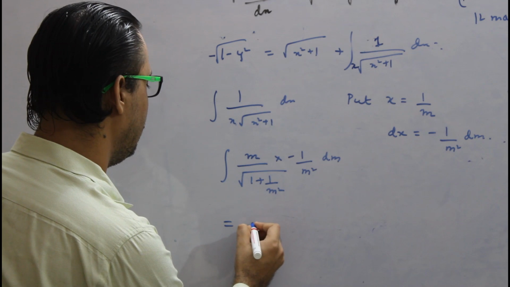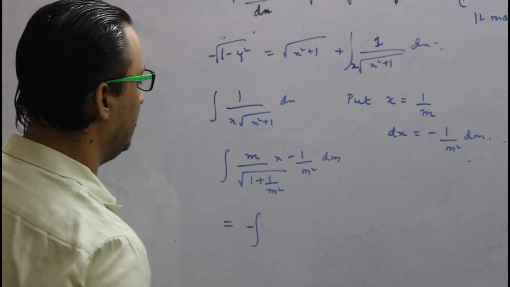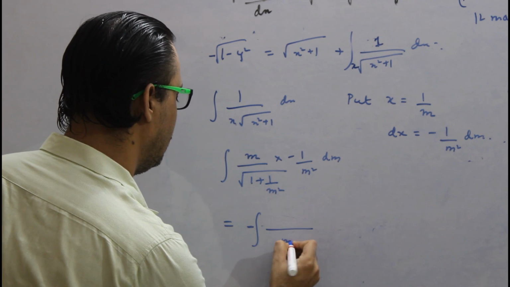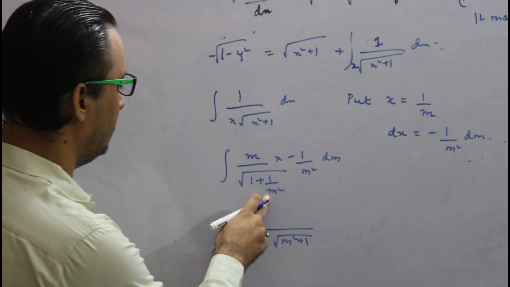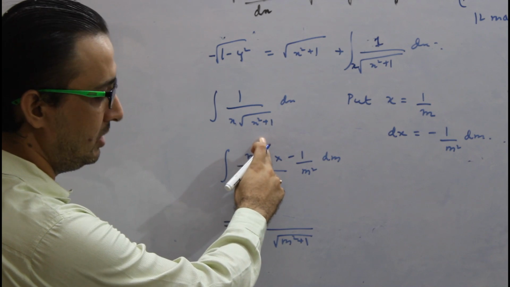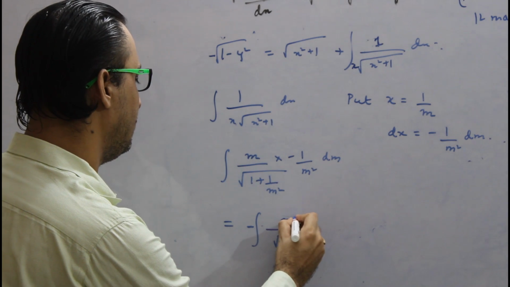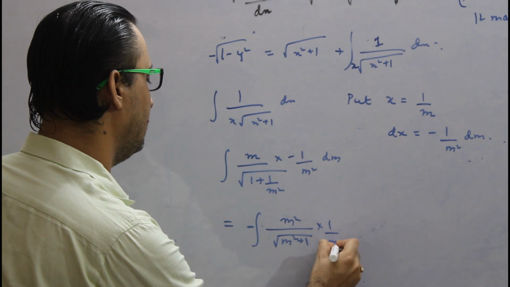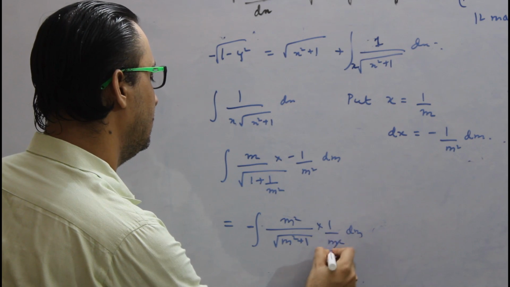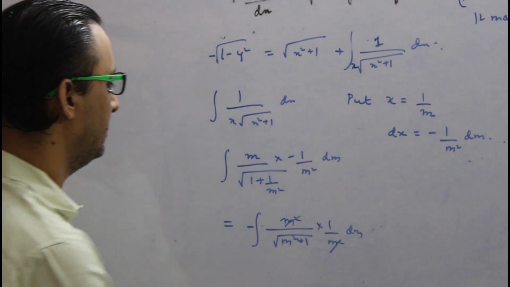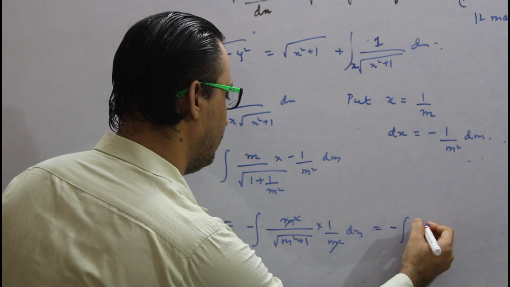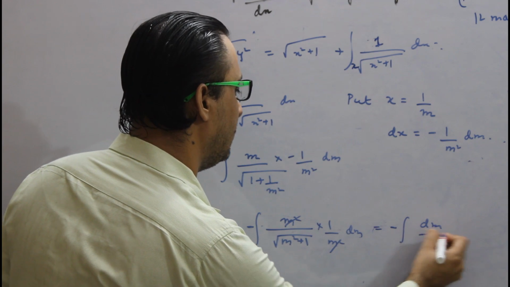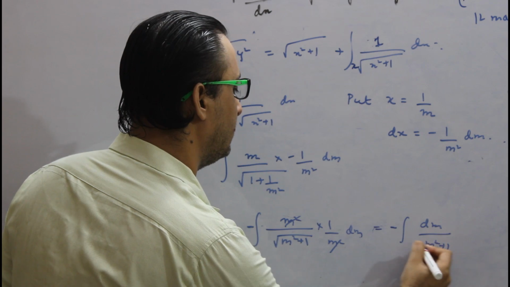So what integral do we get? We can take the minus sign outside and this becomes under root m square plus 1 whole square. So this m goes into the numerator, so this becomes m square into 1 by m square dm. So this one gets cancelled, so we are left with minus of integral dm by under root m square plus 1.